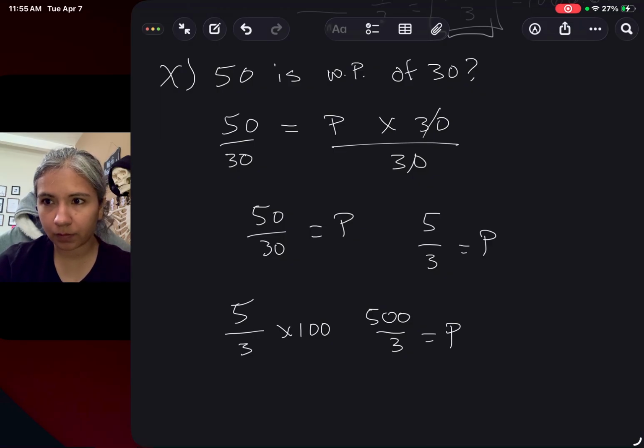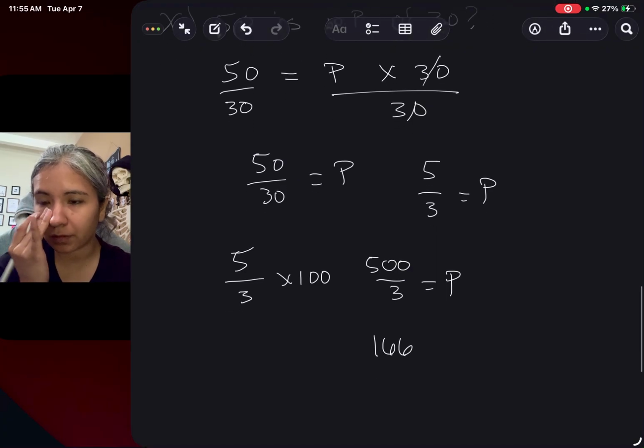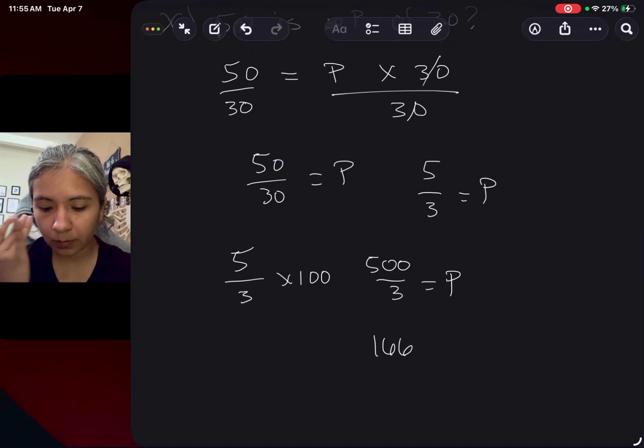If we do 3 times 166, that's 498. So 3 times 166. I'm converting this into a mixed number. 498, then add the last 2.